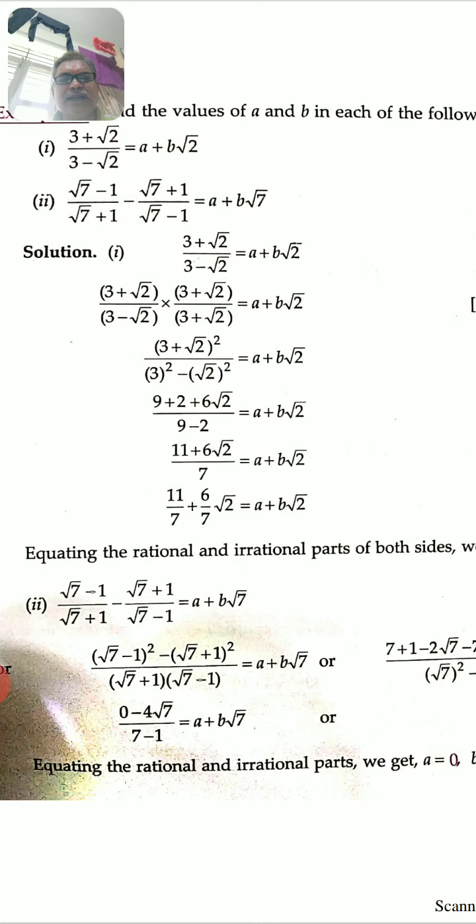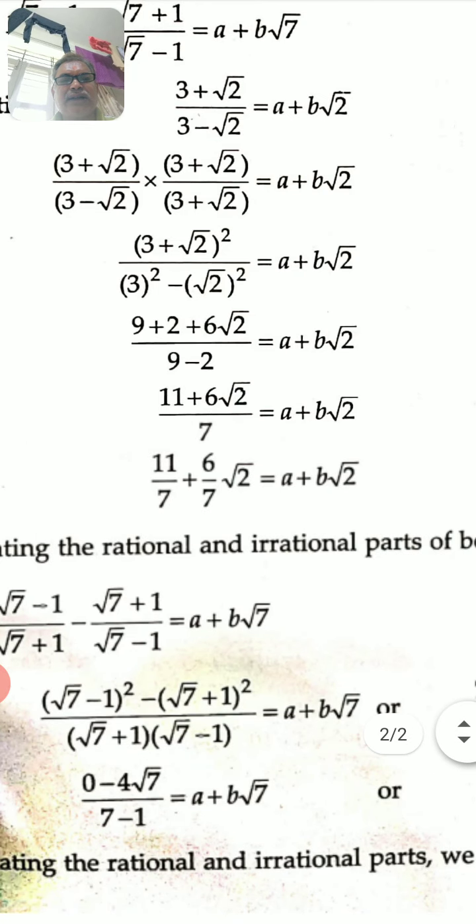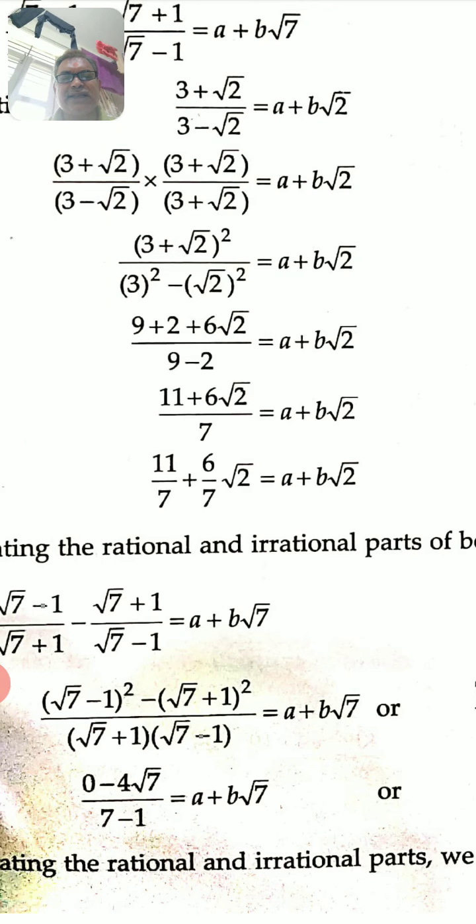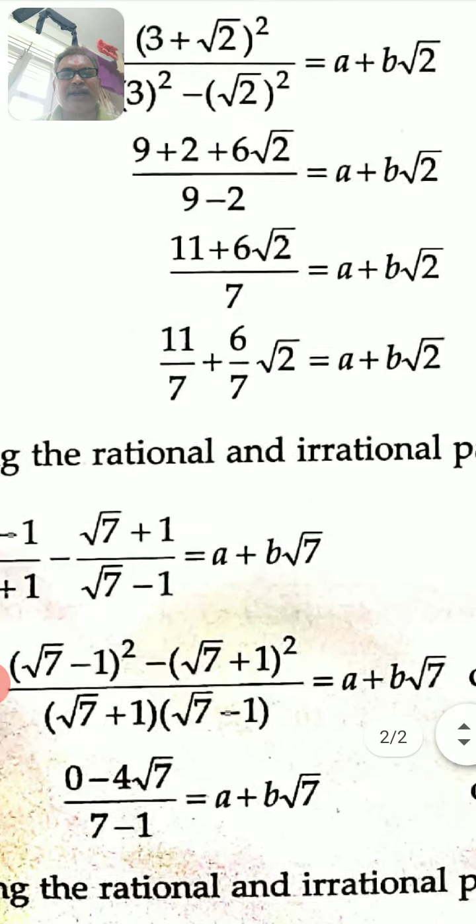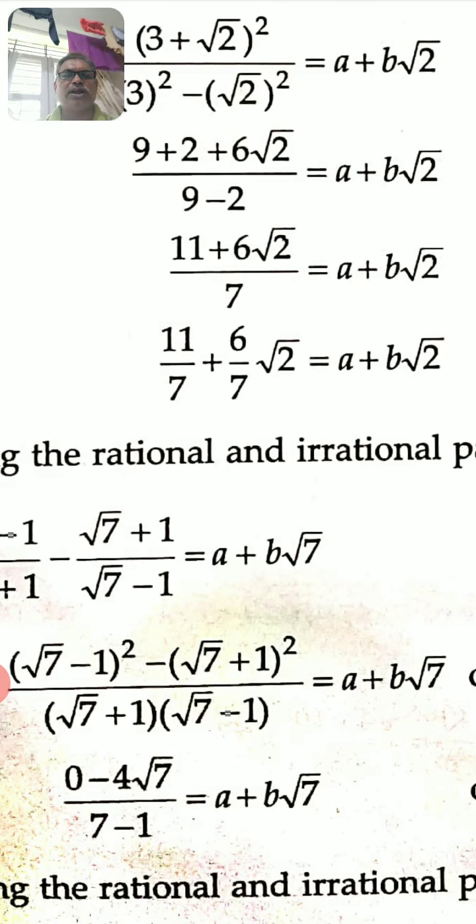In this way you get (11 plus 6 root 2) by 7 is equal to a plus b root 2. Now you can split this as 11 by 7 plus 6 by 7 root 2, giving the numerator to both. So you see here, what is a?